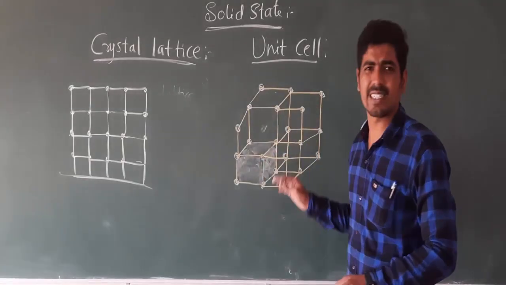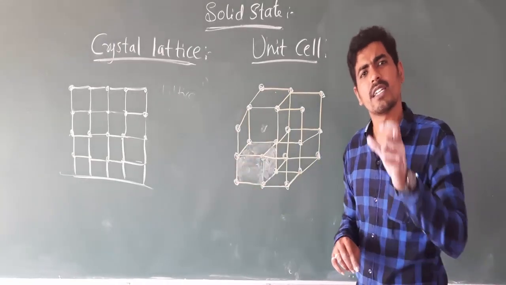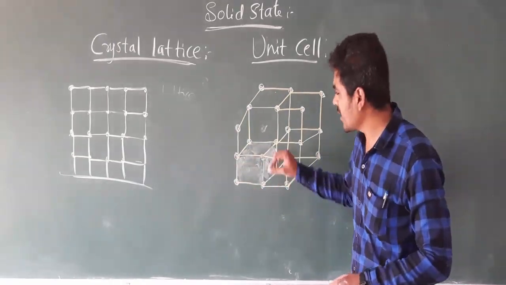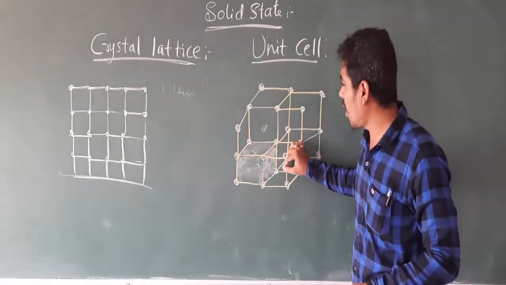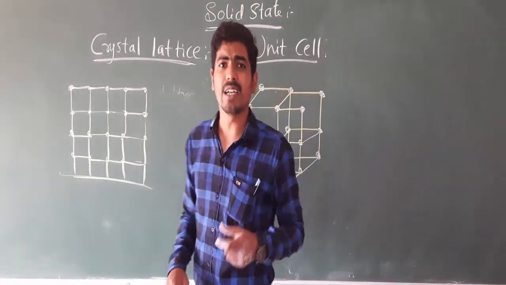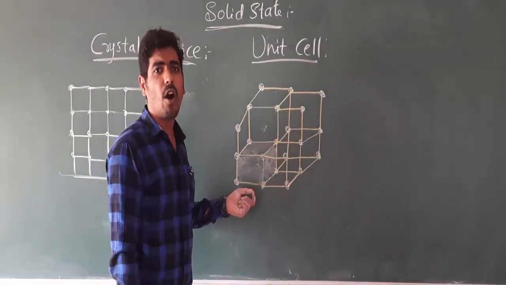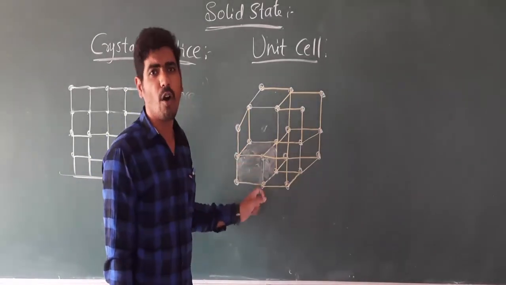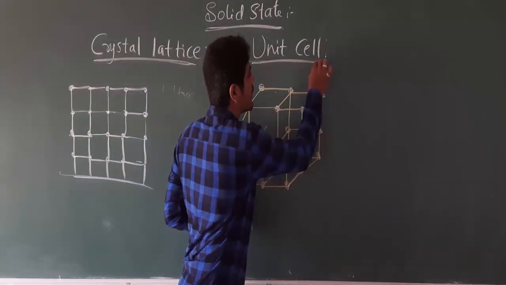So all the crystals or crystal lattices are made up of the smallest portions, and those smallest portions which are arranged in all directions will give the geometry of the crystal. And such a portion, the smallest portion of that particular crystal lattice, is said to be the unit cell.